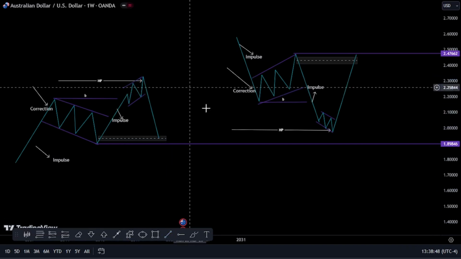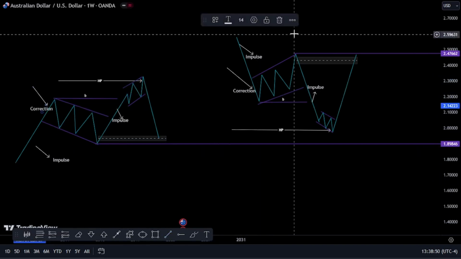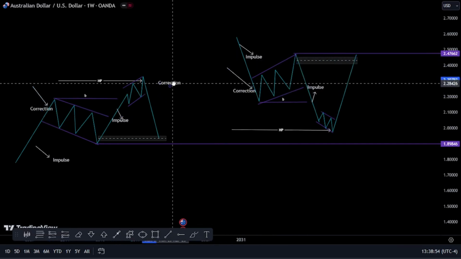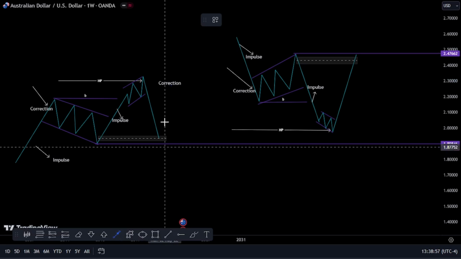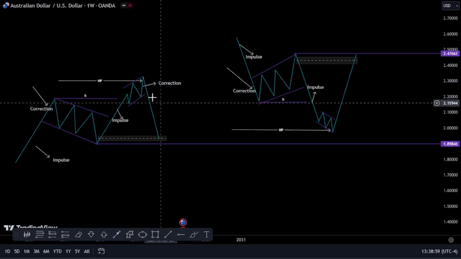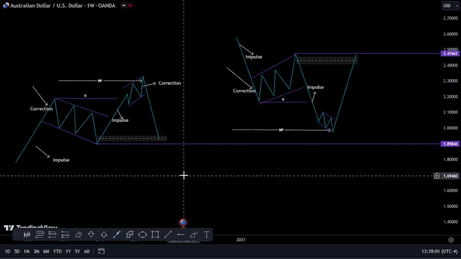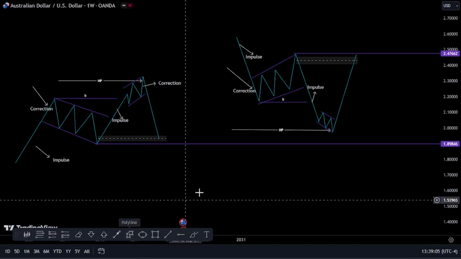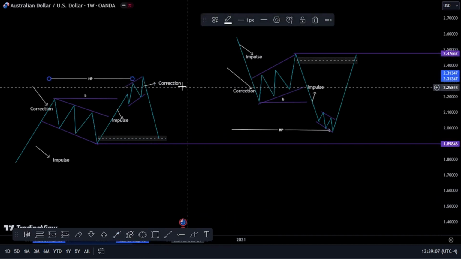And then there's this. What you're looking at here is also a correction, but it's a reversal pattern.